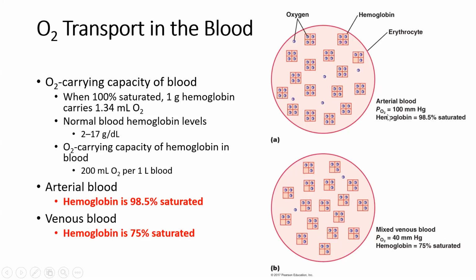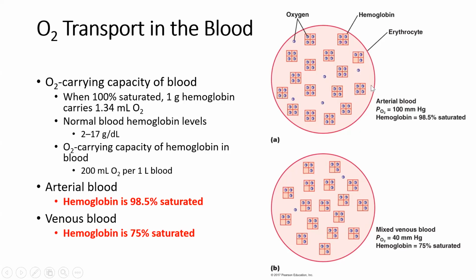And if we can think about the partial pressures of these, the partial pressure of the gases in the arterial blood versus the partial pressure of the gas in the mixed venous blood. So in our arterial blood, when hemoglobin is at 98.5% saturation, we see the highest partial pressure in our vasculature. It's about 100 millimeters of mercury, okay?